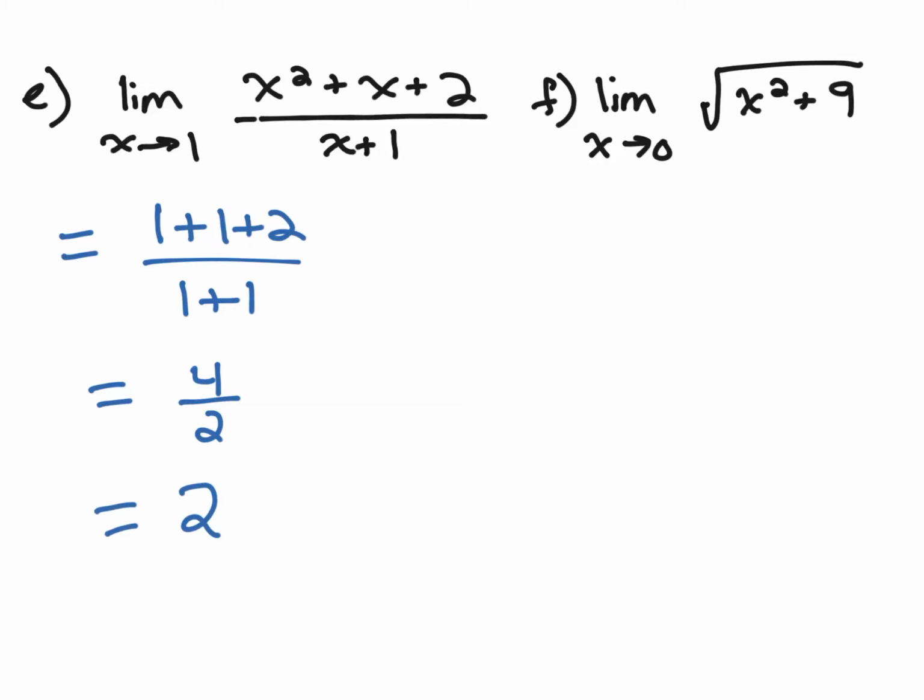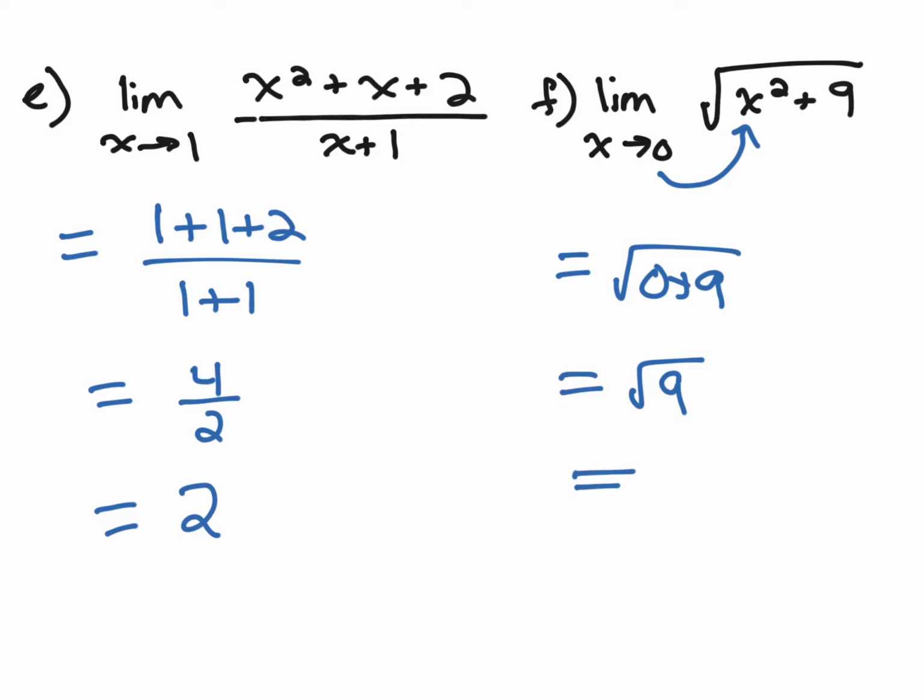Then we have the limit as x approaches 0 of the square root of x squared plus 9. So again, just direct substitution. We end up with the square root of 0 plus 9, which is the square root of 9, which is 3.